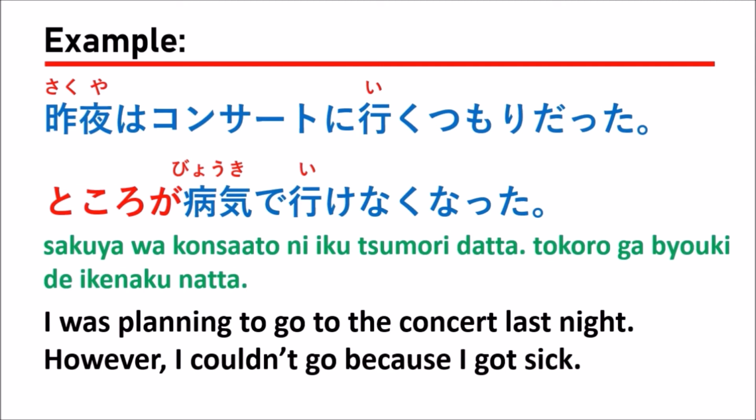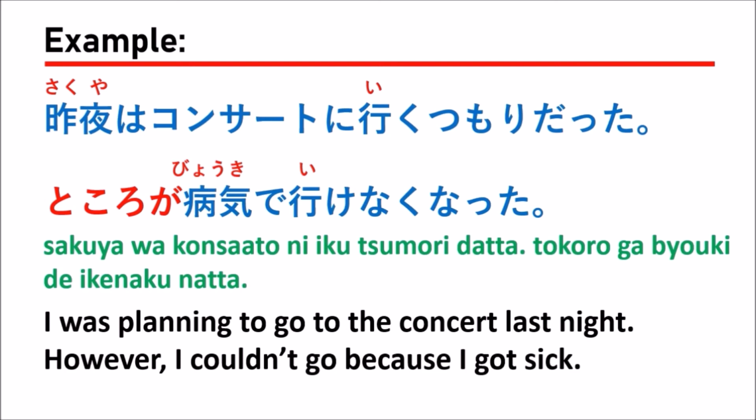You see here, our expectation part is 昨夜はコンサートに行くつもりだった, which means I was planning to go to the concert last night. Here is our expectation part. And after the expectation part, we follow with Tokoroga, which means however, right? 病気で行けなくなった means I couldn't go because I got sick.